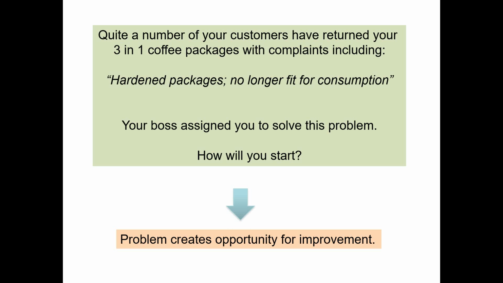That means there is moisture ingress in this coffee, no longer fit for consumption. So your boss assigned you to solve these problems. So how will you start? Definitely you will go to step 1, which is to come up with a problem statement, and from there you go to step 2, step 3 until step 9.